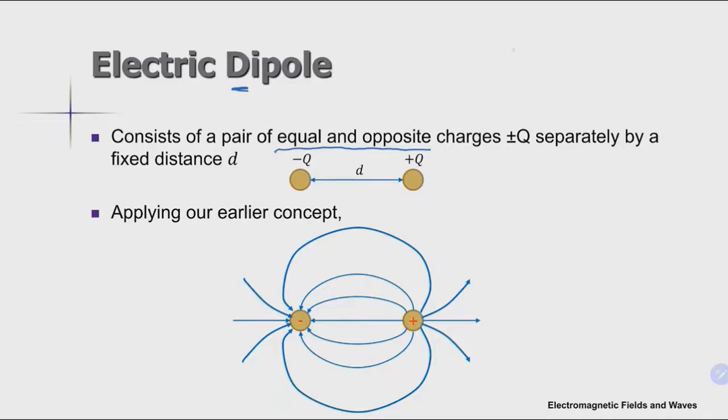Similarly to the magnets that you know, we have a north and south, and that is your magnetic dipole. You have a north pole and a south pole. Magnets always come in a pair. You have a north, you always have a south. You don't have a monopole magnet. But in electric charge, you can have a monopole charge. You can have just a positive charge or a negative charge.